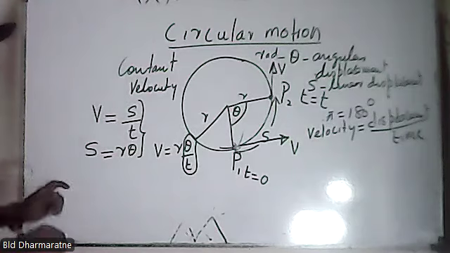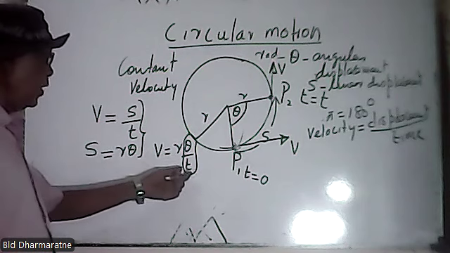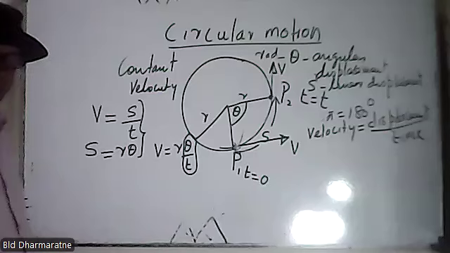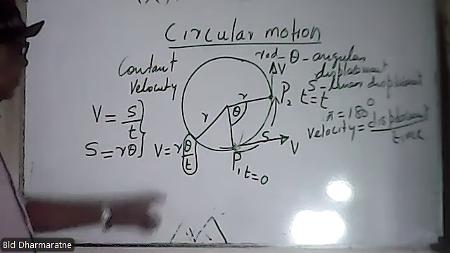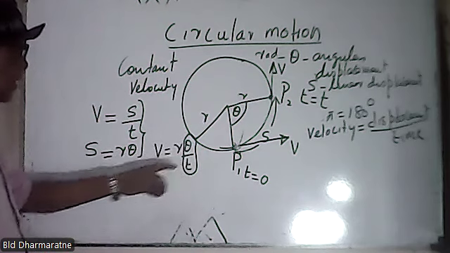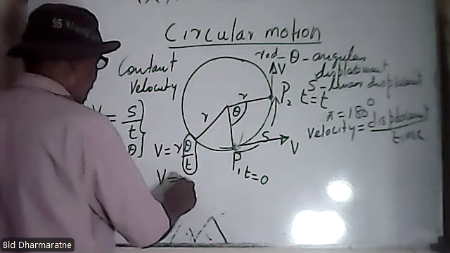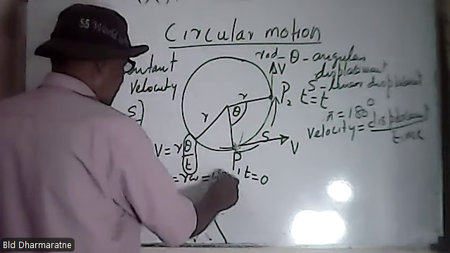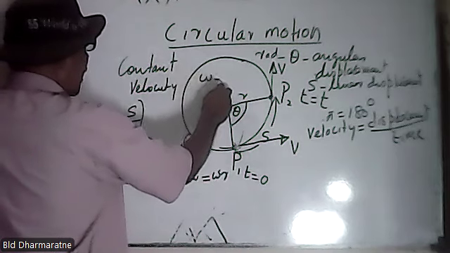What is theta over T? Theta over T is the angular displacement per unit time, the rate of change of the angular displacement. This has a special notation: theta over T, we always use omega. So V equals omega R. Clearly we can see V equals omega R. Here omega is the angular velocity.